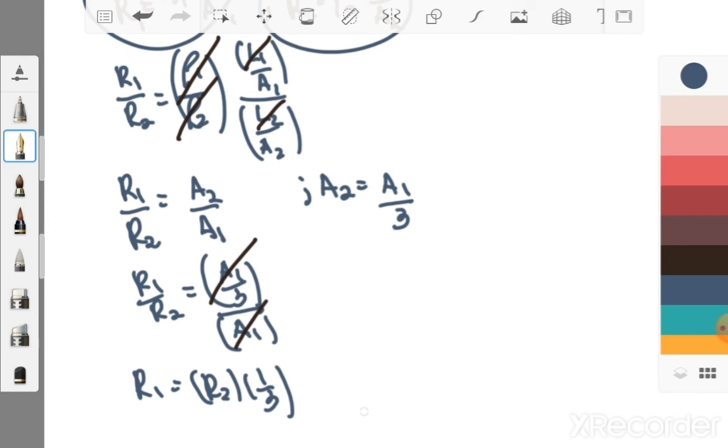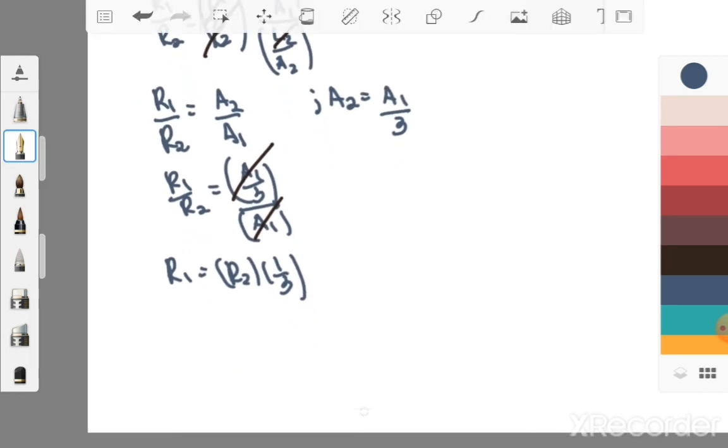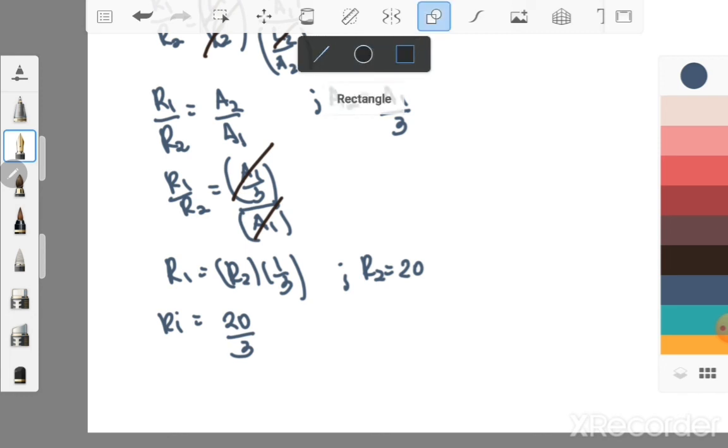Since you have created a very good parameter, it is easily solvable. We have defined that R2 is equal to 20 ohms. Therefore R1 is equal to R2 multiplied by 1/3, or 20 divided by 3. Easy, right?